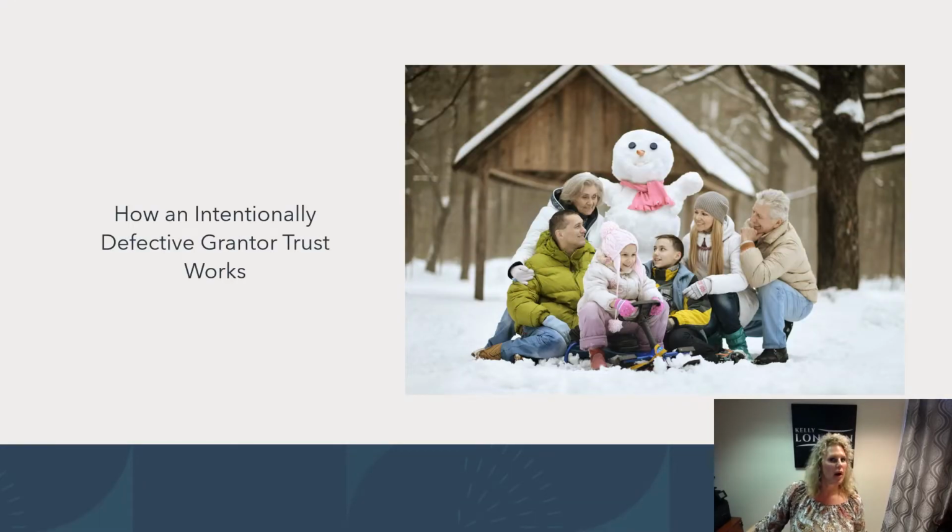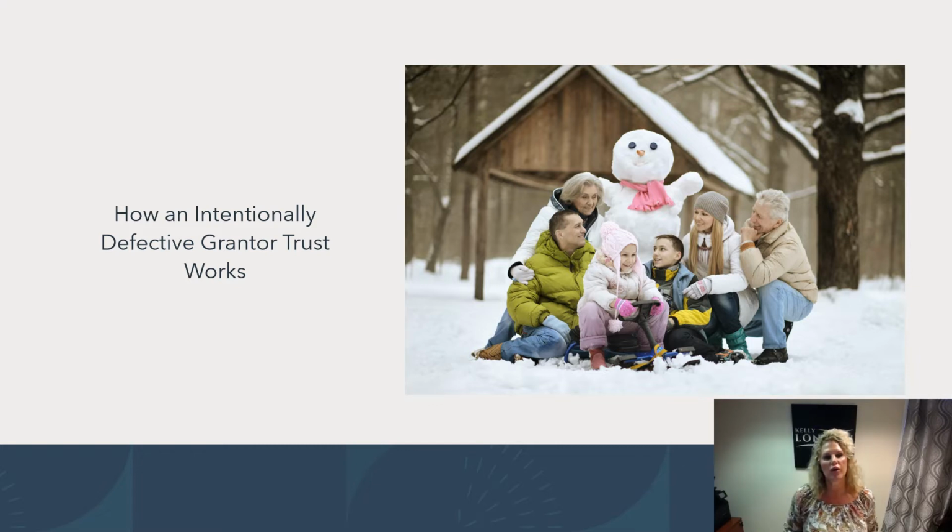Typically used by wealthy families to preserve intergenerational wealth, IDGTs are a type of irrevocable trust best suited to holding appreciating assets such as real estate and securities. These assets are held outside of the grantor's estate for transfer tax purposes, meaning gift and estate tax, but for federal income tax purposes, they are treated as though they are actually owned by the grantor, or the person creating the trust.